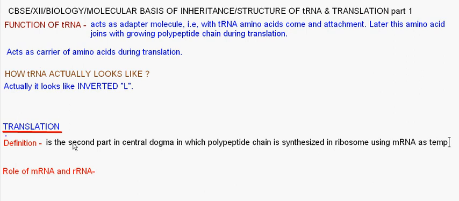So from this only we can say the role of mRNA and tRNA. So first one, role of mRNA. mRNA, as we can see, acts as template.